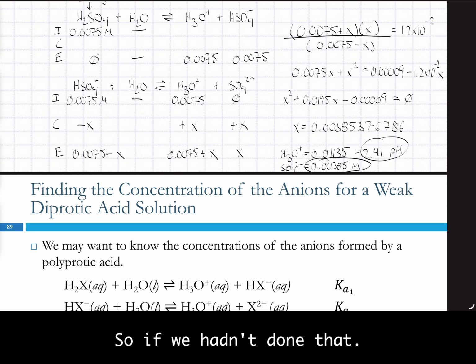So if we hadn't done that, the pH would have been 2.12 instead of 2.41, which doesn't sound like too much, but that's like 3x or 30% more. Log math is weird.